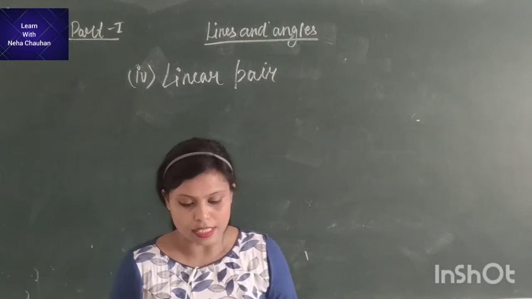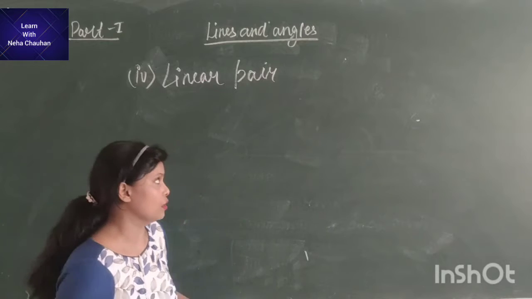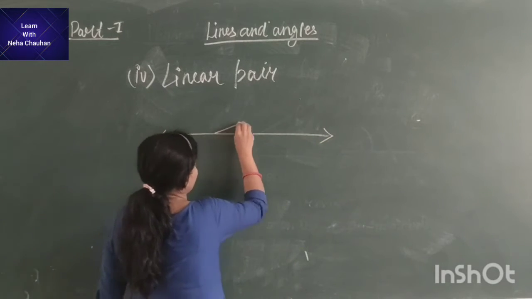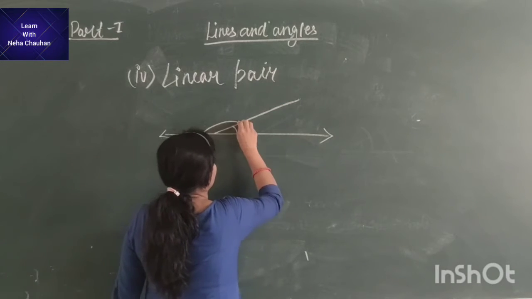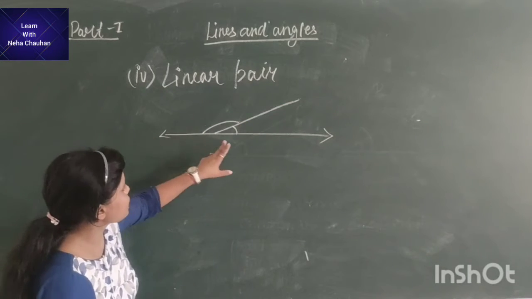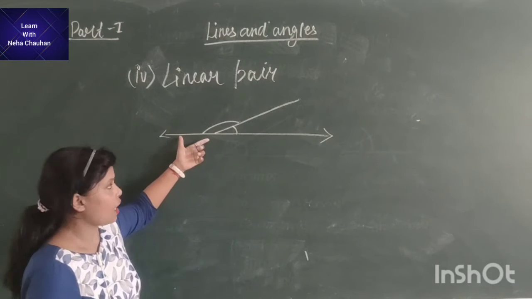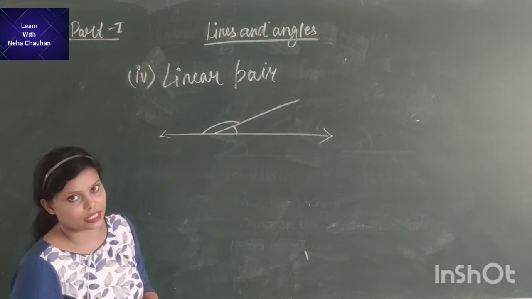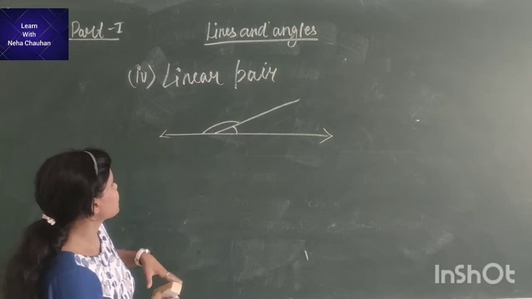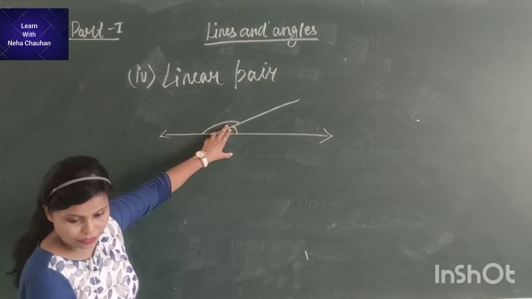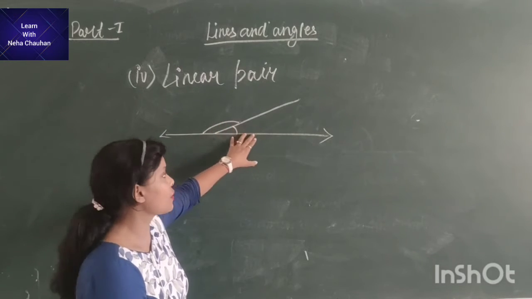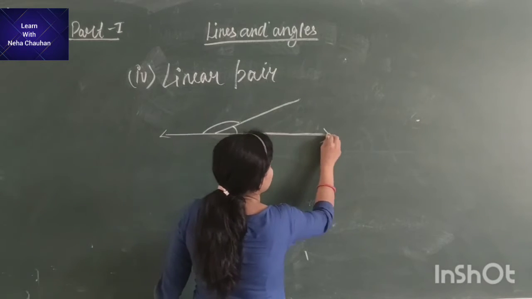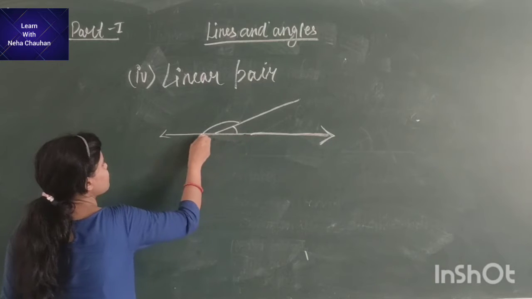A linear pair is when two adjacent angles have opposite sides running at 180 degrees. When the two adjacent angles have opposite rays, this ray is in this direction and this ray is in this direction.